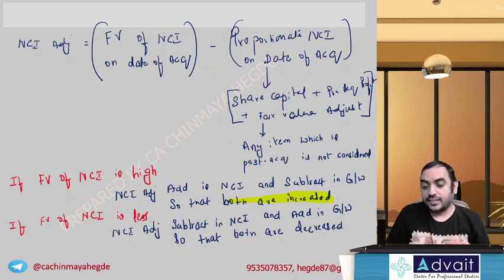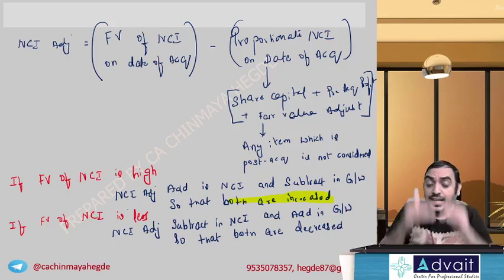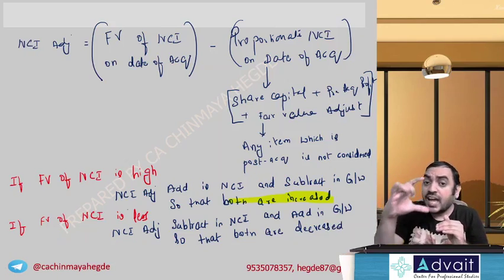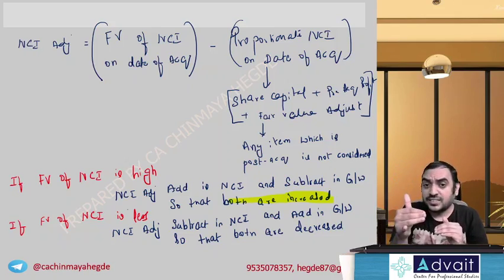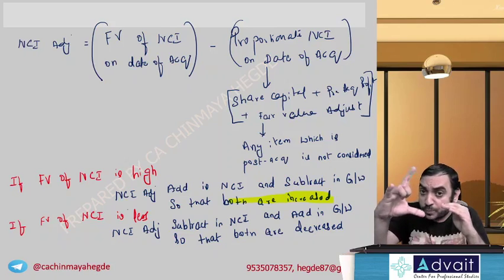Both are decreased. When NCI fair value is less, we already have in our column proportionate NCI, share capital plus reserves and surplus, pre-acquisition profit and fair value adjustment on the date of acquisition, which is already high. Fair value is less, so this should be brought down.